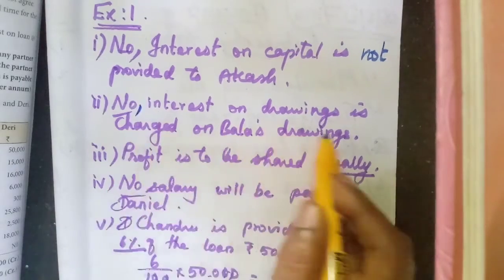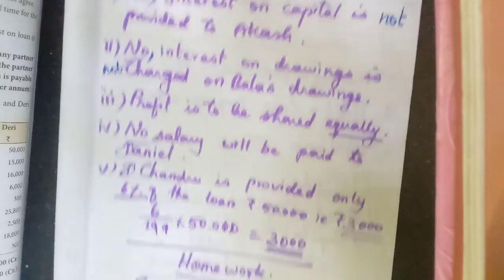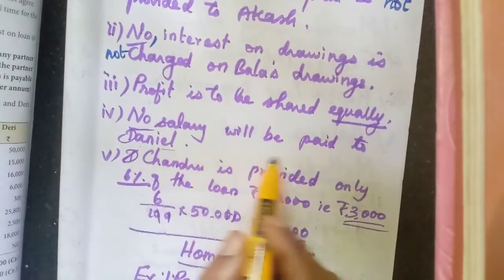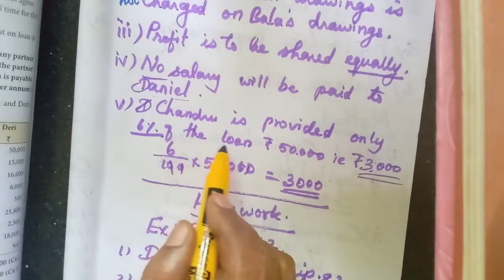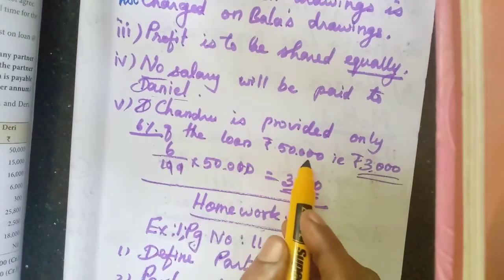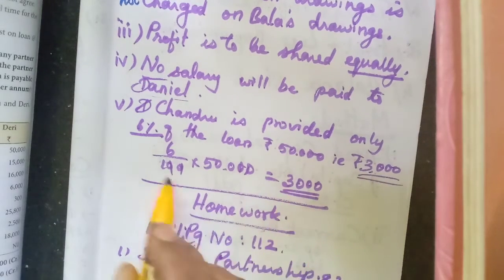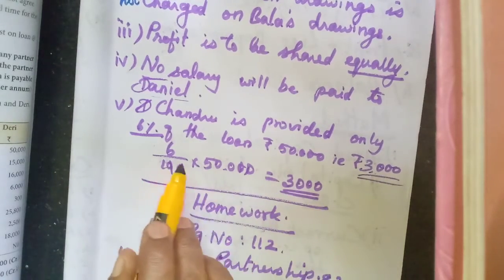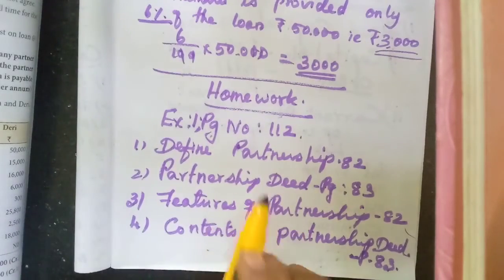Interest on drawings is not charged on Bala's drawings. Profit is to be shared equally. No salary will be paid to Daniel. Chandru is provided only 6% of the loan, that is 3,000. They have calculated 50,000 into 6 by 100. So you have to do the homework on that.